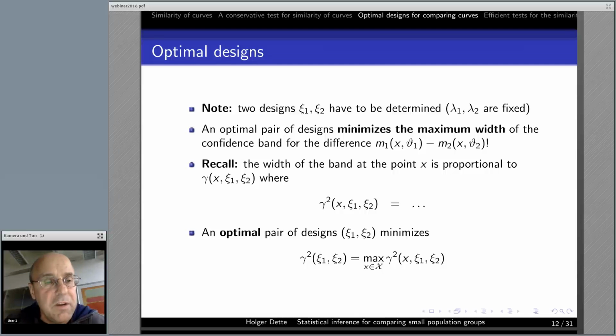So it's not D or V. It's a new optimality criterion, and the properties of this new optimality criterion are investigated in this Annals paper. It's an optimality criterion for comparing curves. Let's say it that way.